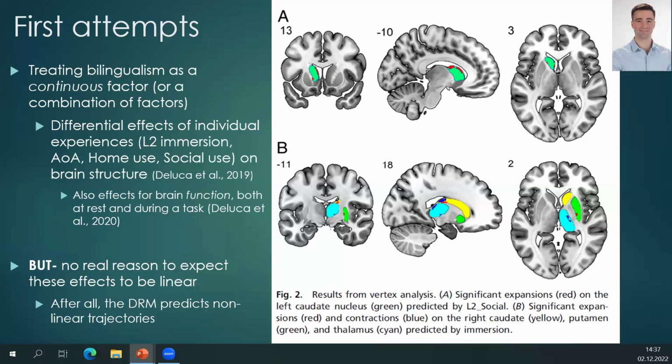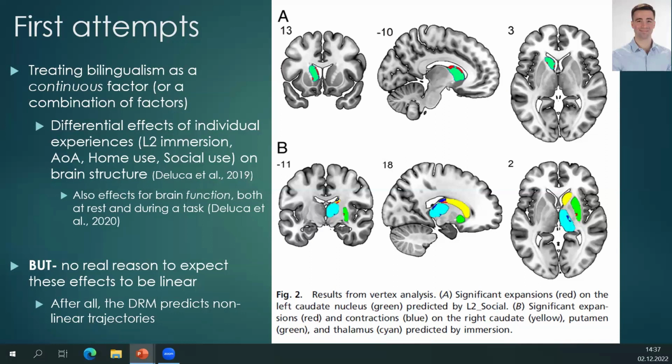In this row of brain here, you see the effects of immersion, the number of months spent in the UK, in several structures, including the right caudate, putamen, and other structures. This was a rich paper, many different patterns. And we also found similar effects of bilingual experiences on brain function, both at rest and also during tasks.